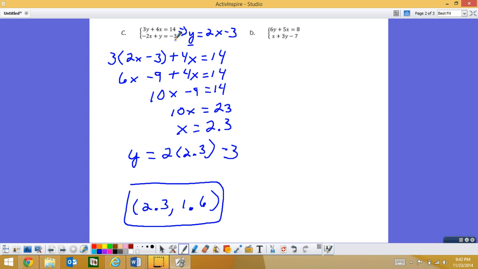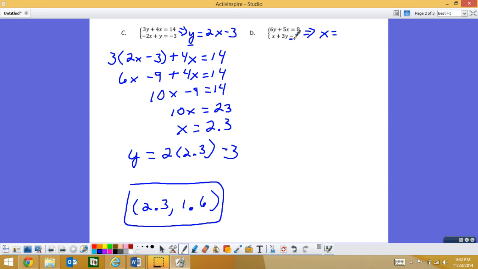Now for our fourth example, part D, we can solve for x pretty easily in the bottom equation, which is x plus 3y is equal to 7.